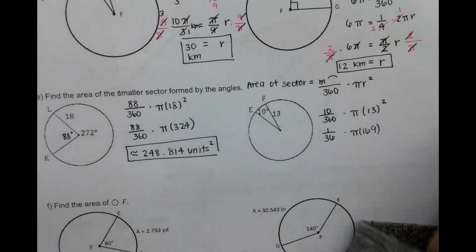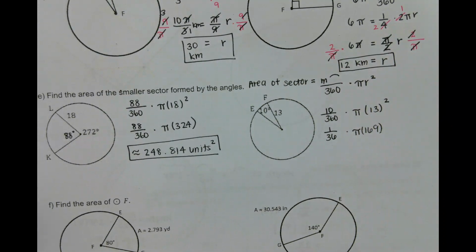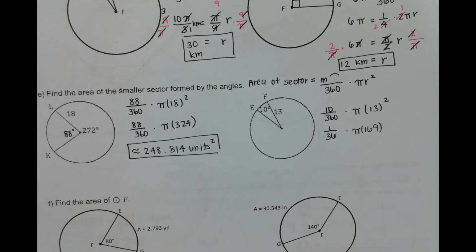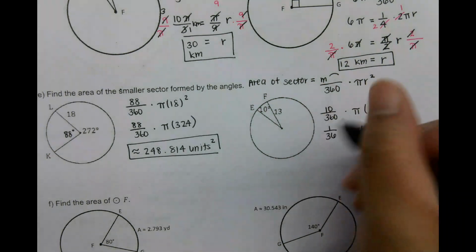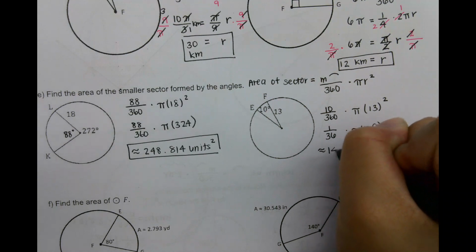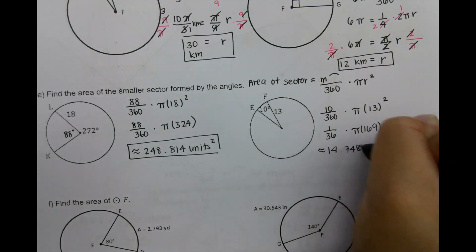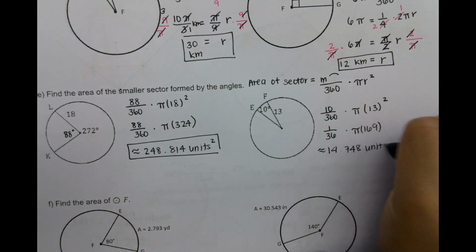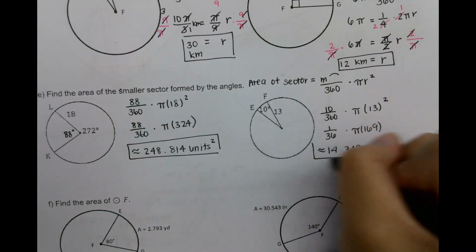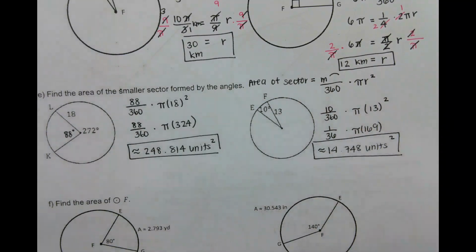Okay, I'm just going to multiply it now. So 169 pi times 1 over 36. And then this gives me approximately 14.748. There's no units specified, so it's just units. And then area is units squared.